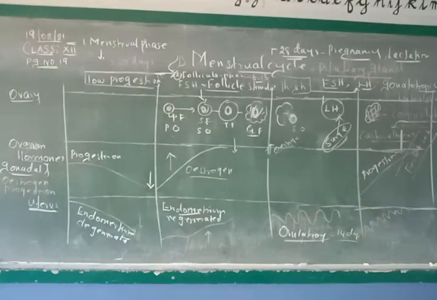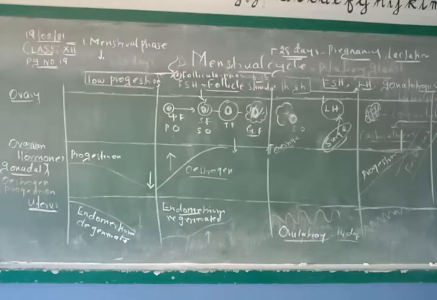The menstrual phase. The cycle starts with the menstrual phase, when menstrual flow occurs for 3 to 5 days. Menstrual flow is due to the breakdown of the endometrial lining of the uterus and its blood vessels due to the decline, that means the reduced level, of progesterone and estrogen.